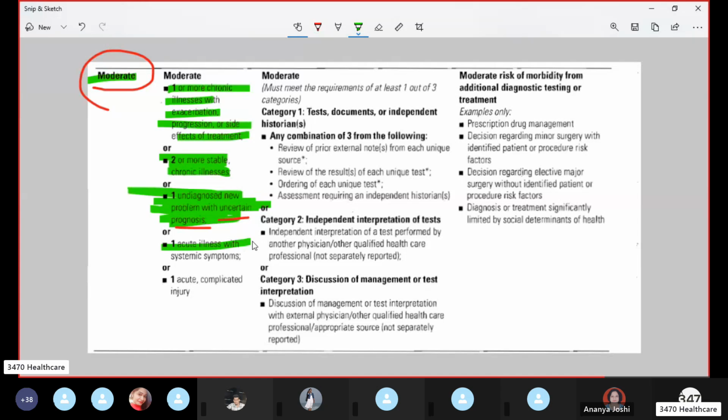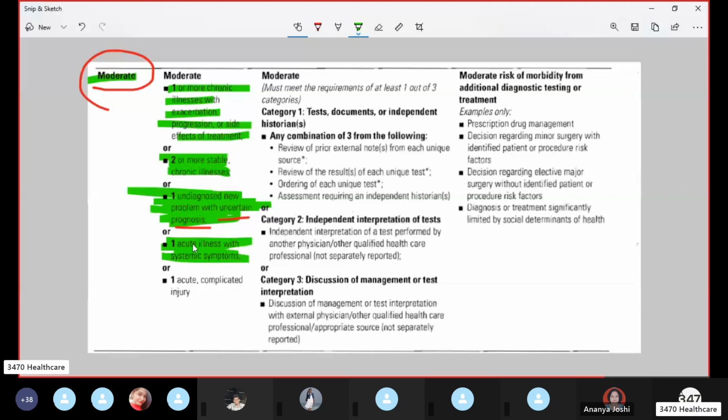Then one acute illness with systemic symptoms. So systemic related, like pyelonephritis, gastritis, systemic related problems.